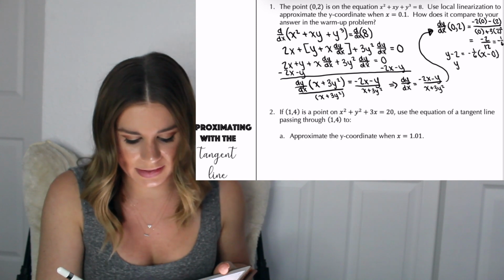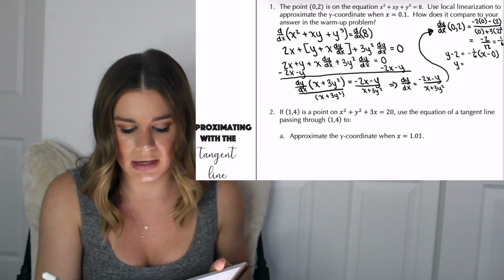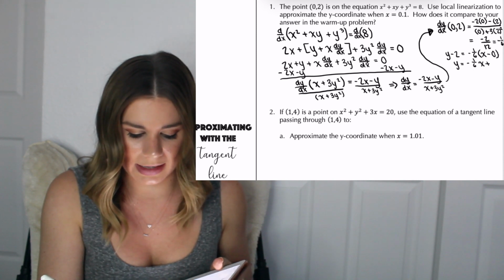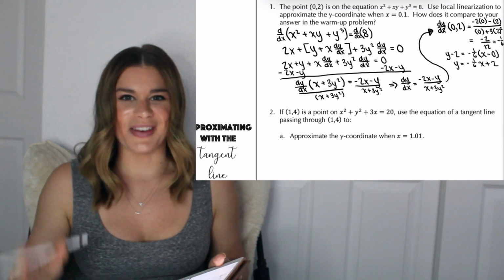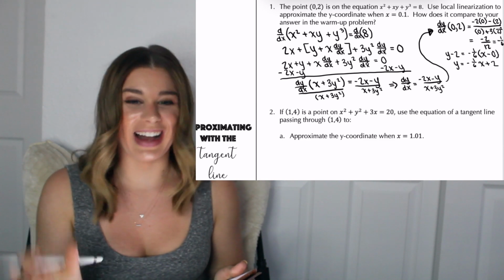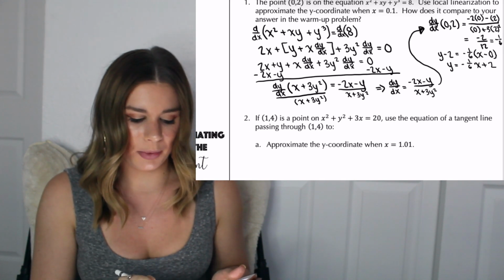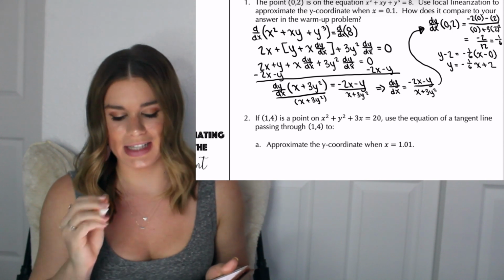When we simplify this out, we can easily put this one in y equals mx plus b form. We get y equals negative 1/6 x plus 2. Okay, from here, I know it seems like a very long-winded process, we can now plug in 0.1 for x into the equation of our tangent line.